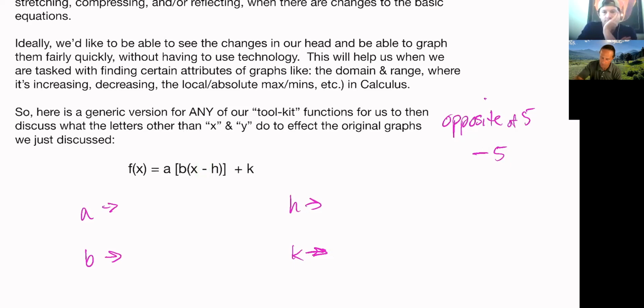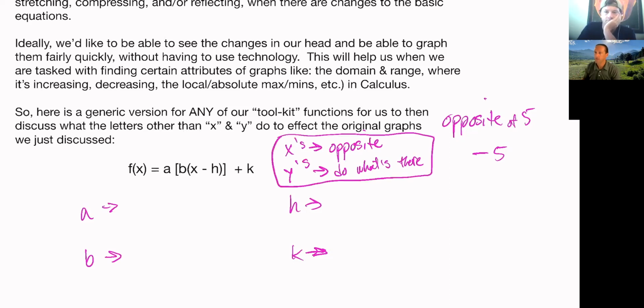Okay. So remember, x's, we're going to do the opposite of what's been done to them. Where y's are y's, we're going to do what they say. Okay, so our x value, which I'm going to highlight here, we're going to do the opposite of it.